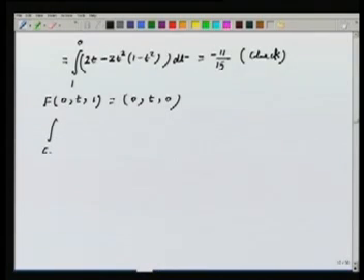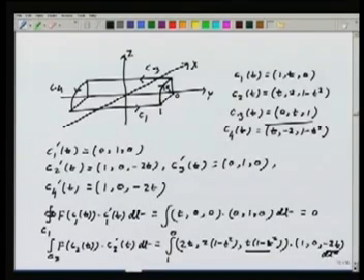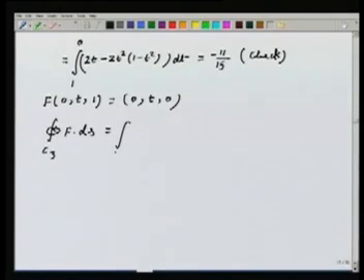So the integral over C3 in this direction, f dot ds, I have to look at. Then I have to see what is the limit of C3. C3 varies from this way to this way. So it is from 2 to minus 2.